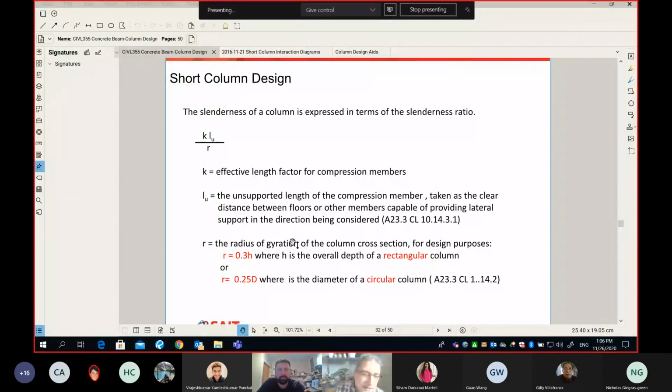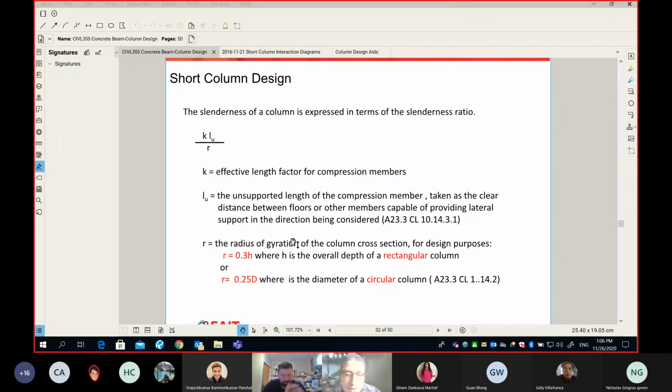As I said, we've been working on columns for the last couple of classes. Things were very theoretical, very dry. We brought up some concepts that we need going forward. But let's agree on this concept. The columns are vertical members in the building, and those columns mainly support axial compression load.